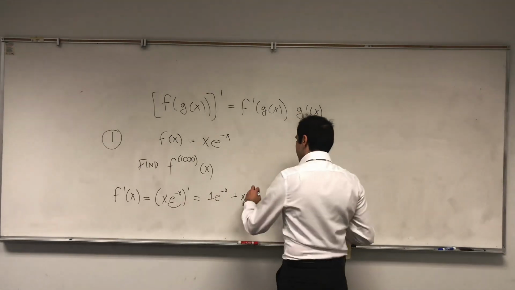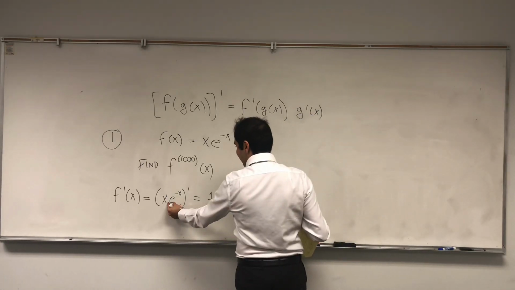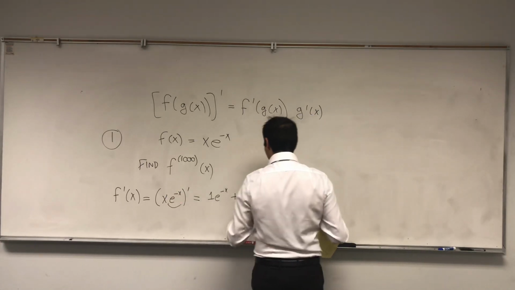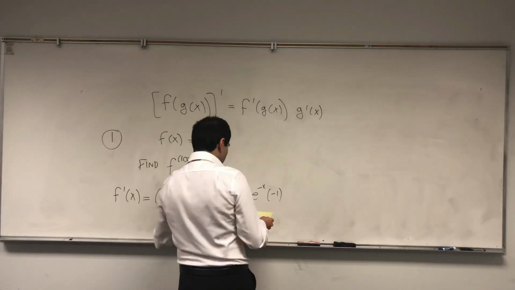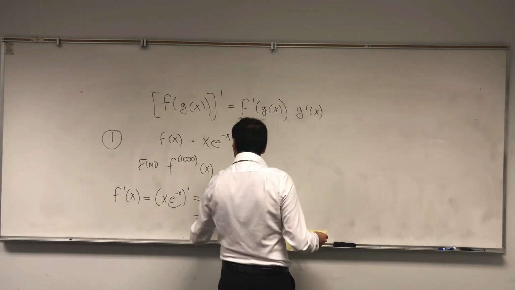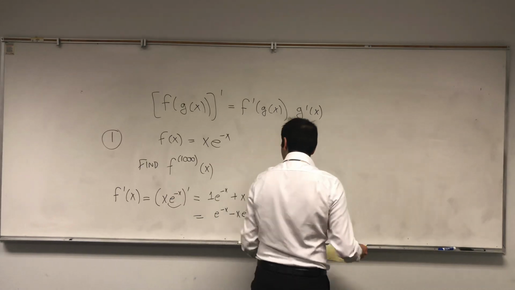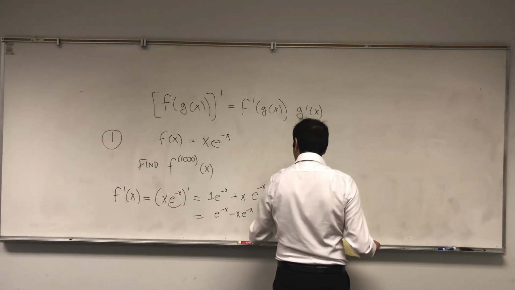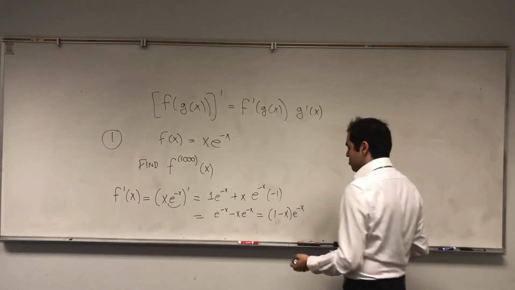So e to the minus x, because the outside function is e, times the derivative of minus x, which becomes minus 1. In fact, what we have is e to the minus x minus x e to the minus x, which you can factor out as 1 minus x, e to the minus x.